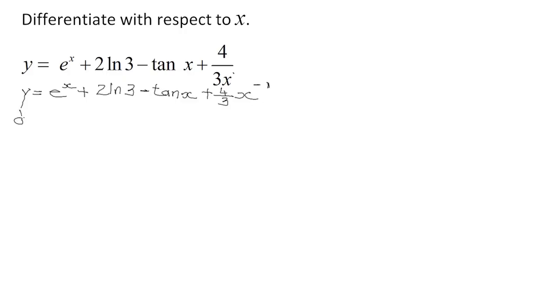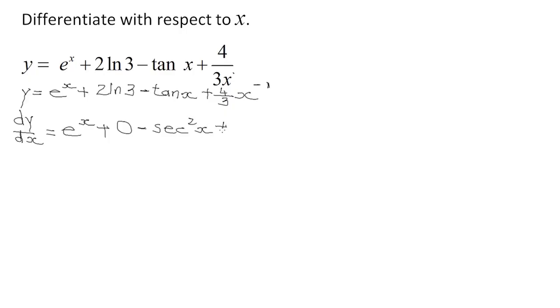Now only I can start writing down dy/dx. And dy/dx is equal to derivative of e^x, formula number 12, remains e^x. Plus, there's no x, derivative is null. Minus, derivative of tan x, formula number 16, gives you sec squared x.